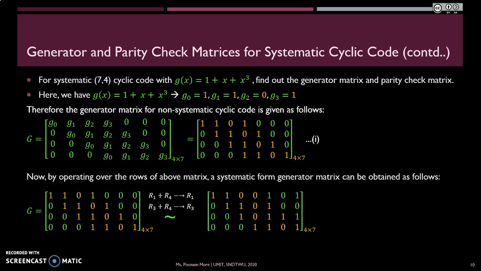So first let's do the operations so as to get the identity matrix followed by the parity matrix. By performing the first two operations on rows R1 and R3 we got this resultant generator matrix. Still we have not got the identity matrix and therefore we will perform a few more row operations.